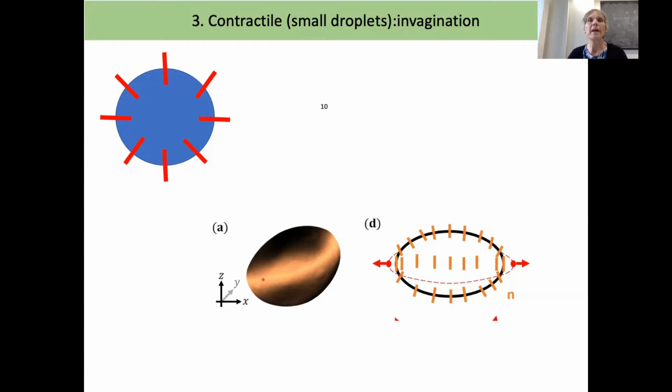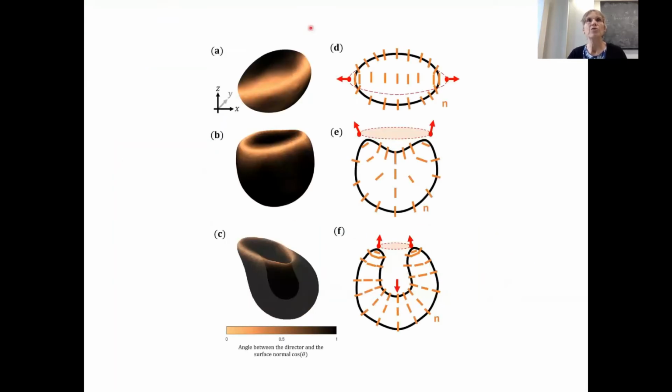The band of in-plane anchoring causes flows, and these flows push material up and down. And so what happens very quickly is this drop invaginates, and you get invagination just like in gastrulation. And you end up with a shape like this, entirely just due to active flows.